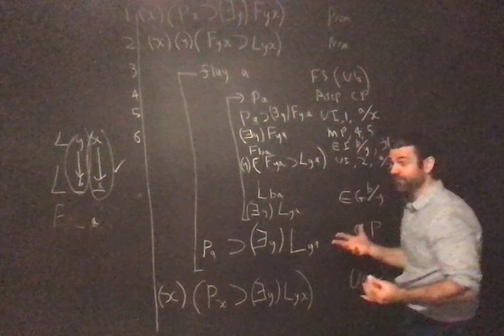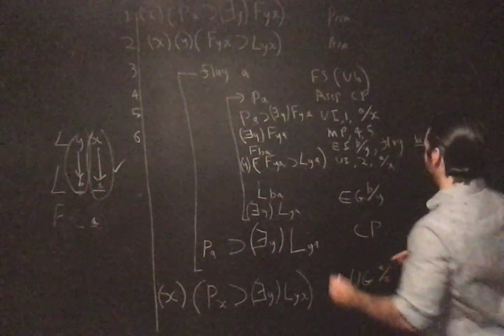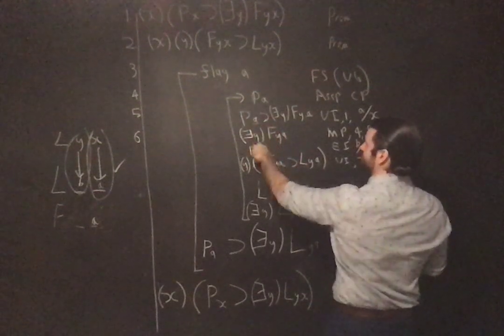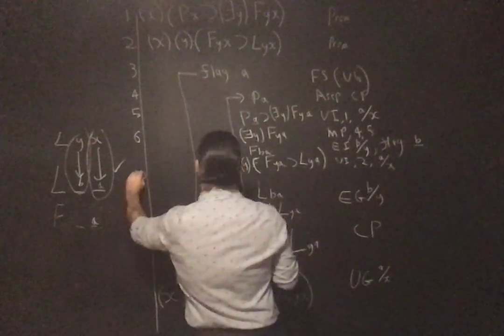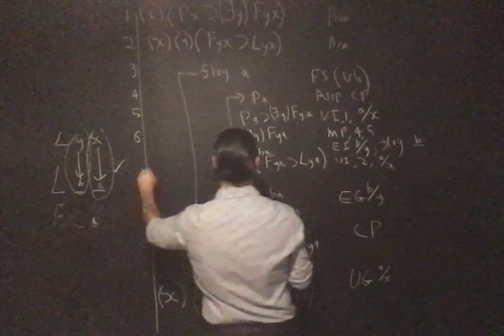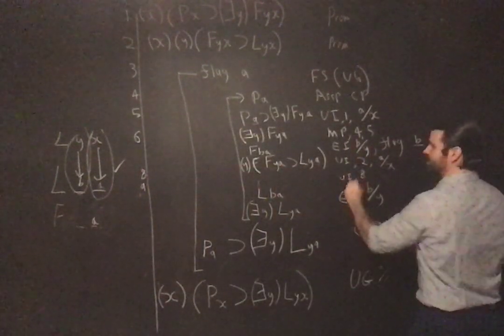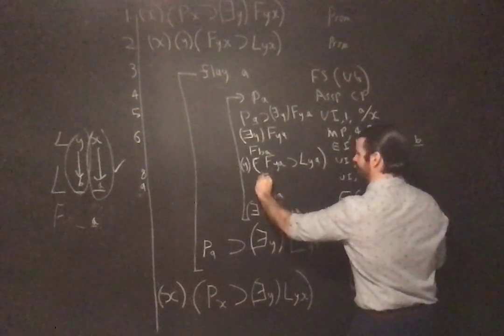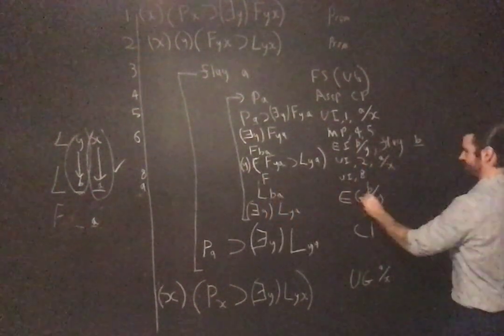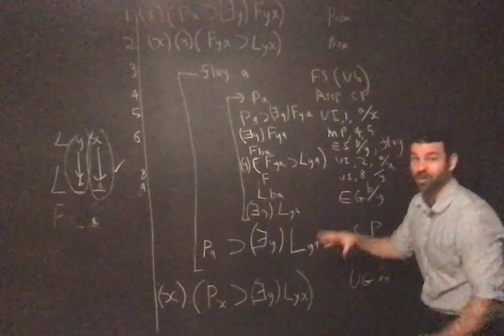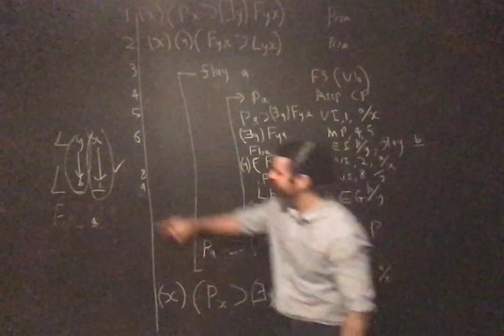Okay? And now finally, I UI from this, so 3, 4, 5, 6, 7, 8, step 9, UI from 8, right? Now I'm replacing Y with something. What am I replacing Y with?